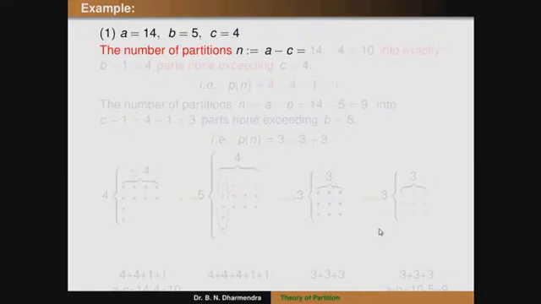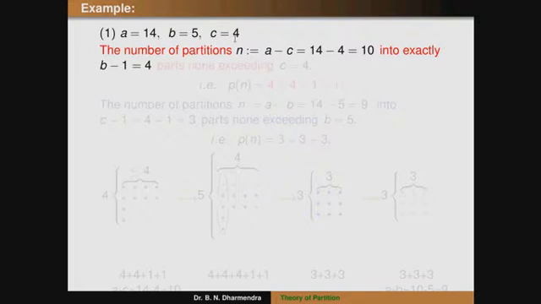N is A minus C, where A is 14 and C is 4, 14 minus 4 is 10, so N is 10. So the number of partitions of 10 into exactly B minus 1, that is 5 minus 1, that is 4 parts. Only 4 parts.